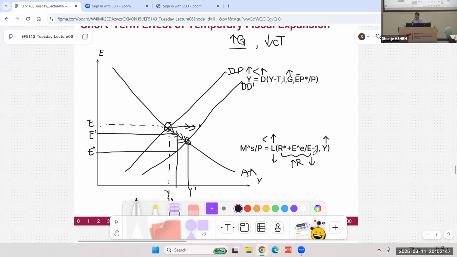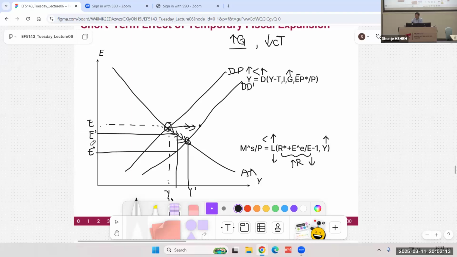Increases in Y tell us that E has to decrease, meaning we're moving along the A schedule. And for each of these output levels that's lower than Y prime, the equilibrium E on the A schedule is always going to be higher than E double prime for the combination of E double prime and Y on the DD schedule.